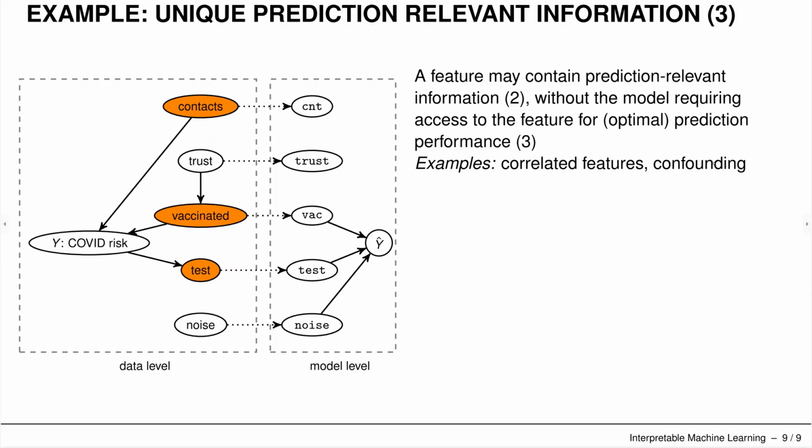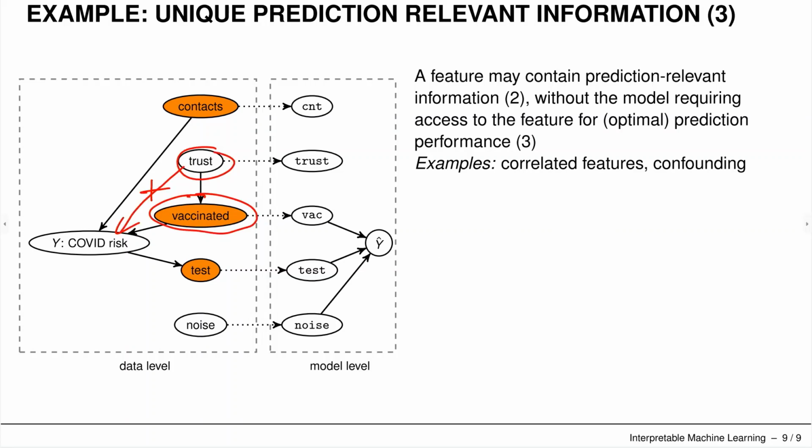And that has an effect on COVID risk, but there's no direct effect of trust on COVID risk. And here it might be that trust has prediction relevant information, but the model does not need access to trust for the prediction performance because it's enough if the model has access to the vaccination status.